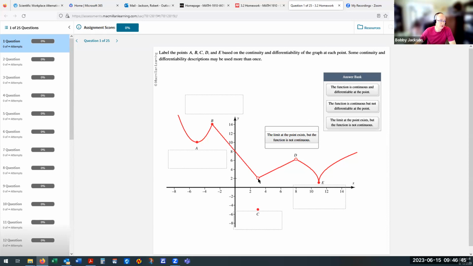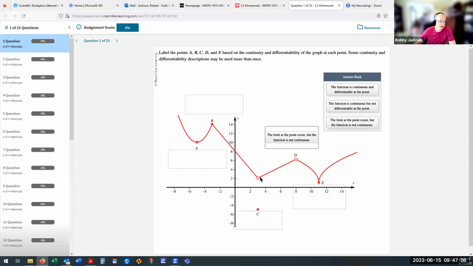Well, again, we've got a hole in the graph here at x equal 3. So this point here, there is a value of the function, right? Again, f of 3 is about negative 4 point something. So the function exists. The limit also exists. The limit, though, is equal to what?